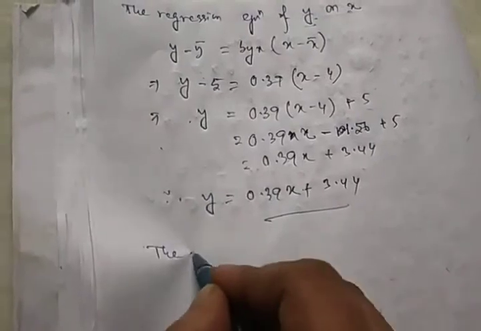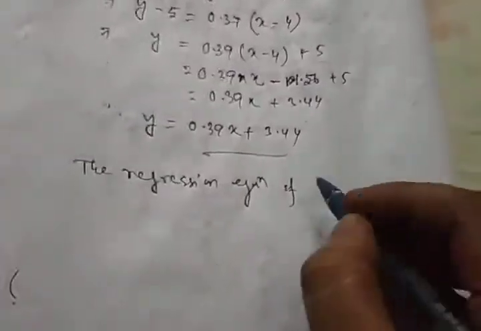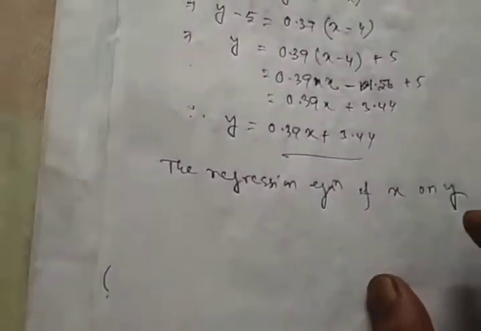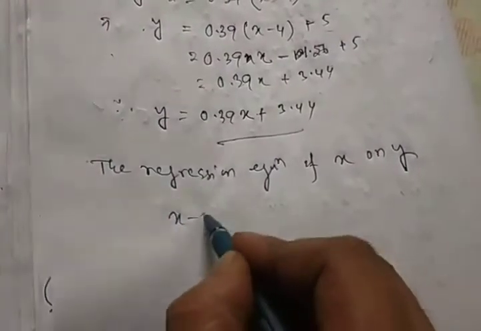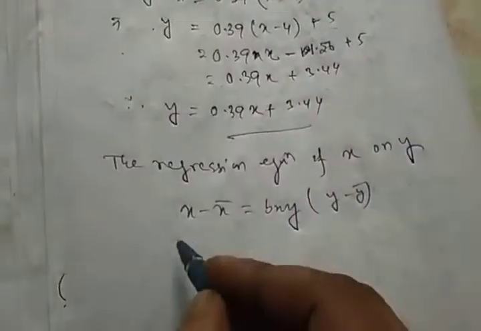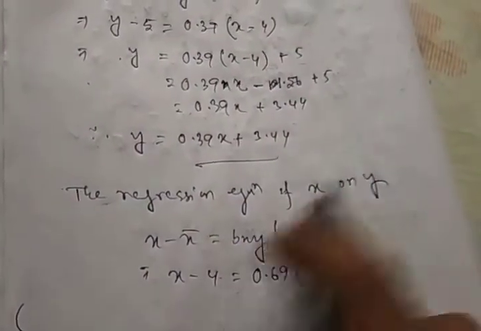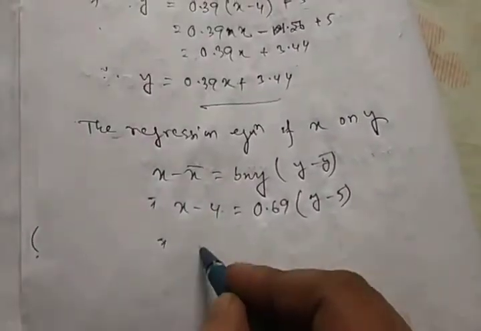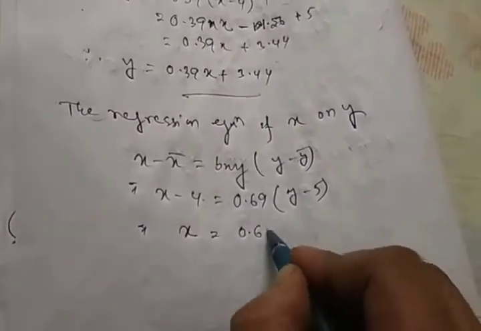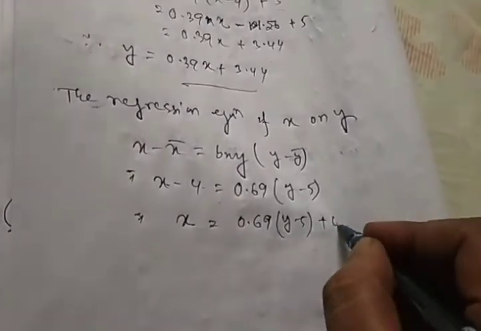Also the regression equation of x on y is x minus x bar equals bxy into y minus y bar. So putting the values, x bar equals 4, bxy is 0.69 into y minus y bar, which is 5. As the regression equation is x on y, we will write the equation in the form of x equals 0.69 into y minus 5, plus 4.